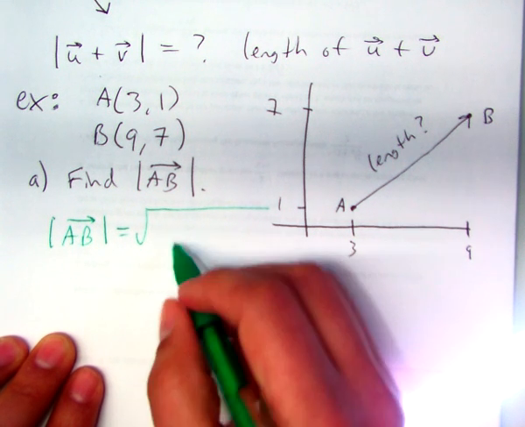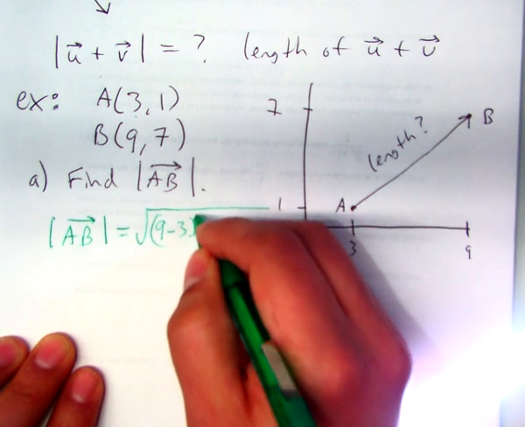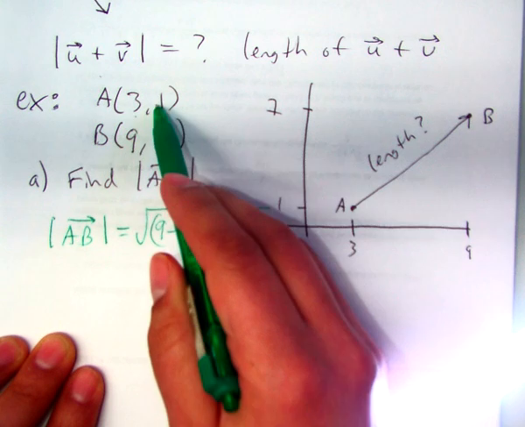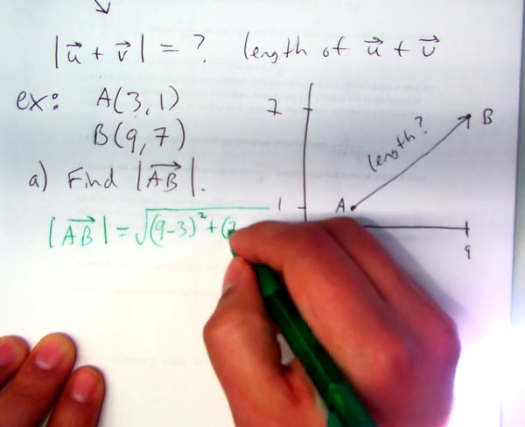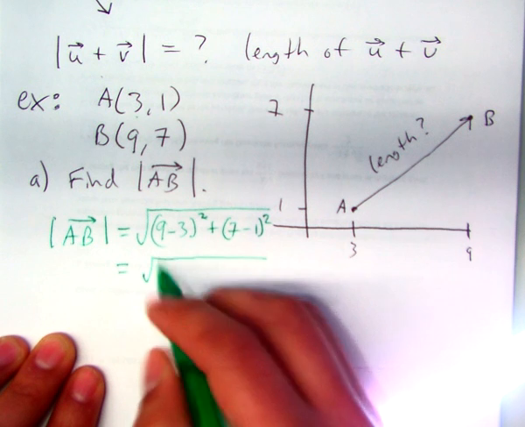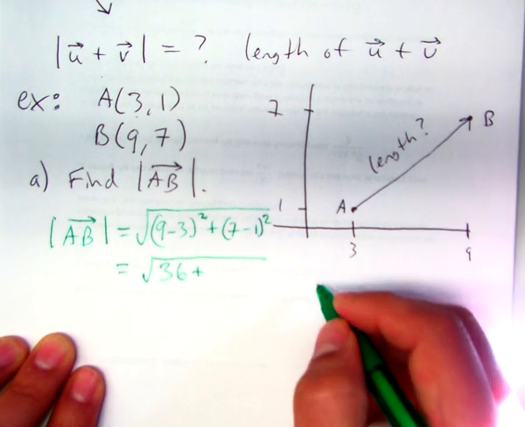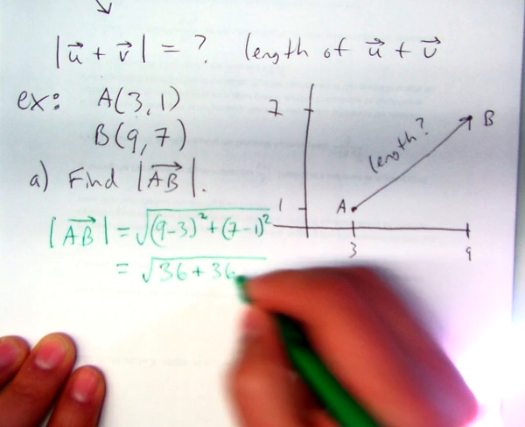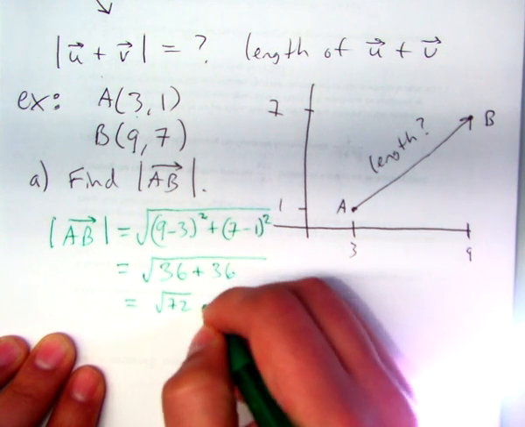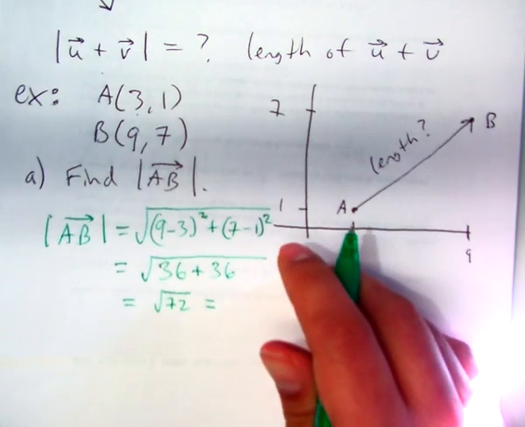So 9 minus 3 squared plus, and then we just do the difference in y's, right? y2 minus y1 squared, so 7 minus 1 squared. 9 minus 3 is 6. Square it, 36. 7 minus 1 is also 6. So that's 36. That's root 72, which reduces to what? 6 root 2. Very good.